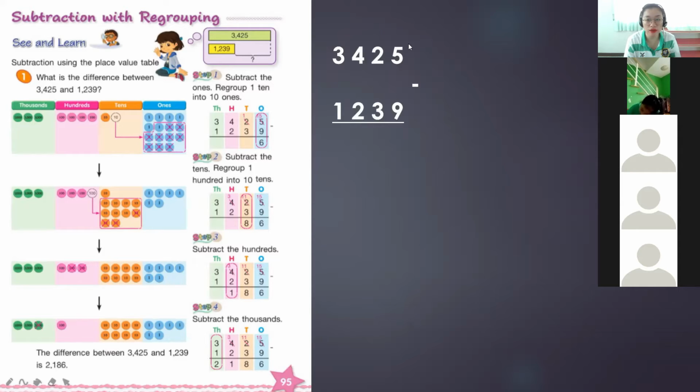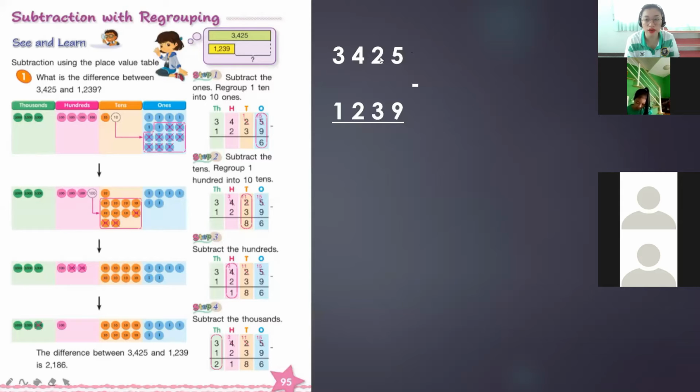Let's subtract the ones place first. We have the minuend and the subtrahend. As we can see here, the minuend is a smaller digit than the subtrahend. So what we're going to do is borrow. We're going to regroup these numbers.